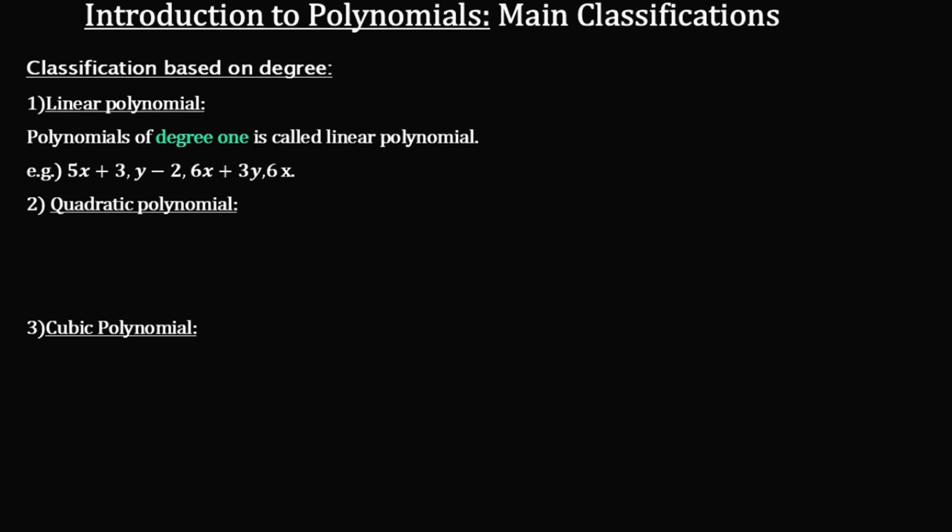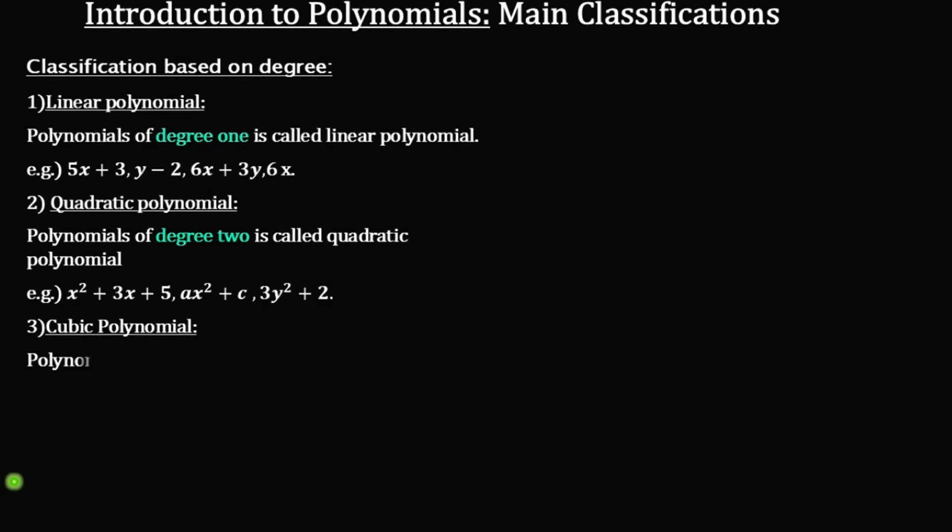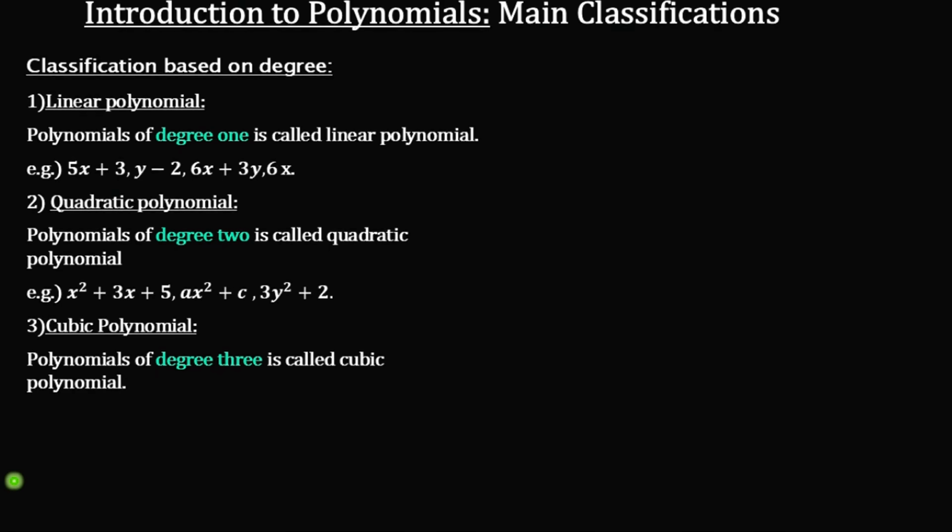Now what about quadratic polynomial? Polynomials of degree 2 are called quadratic polynomials. Examples: x square plus 3x plus 5, ax square plus c, 3y square plus 2. Now what is a cubic polynomial? Polynomials of degree 3 are called cubic polynomials.